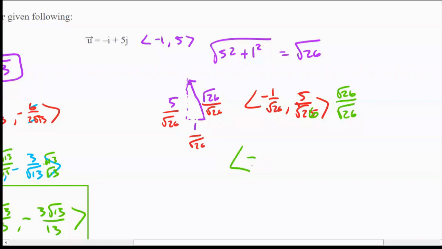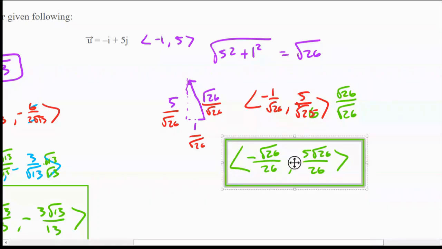So my final components are negative root 26 over 26 and 5 root 26 over 26. And that is the components of my unit vector parallel to vector u.